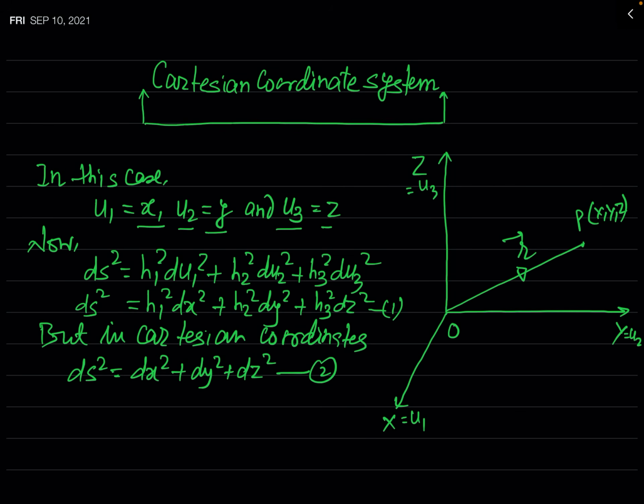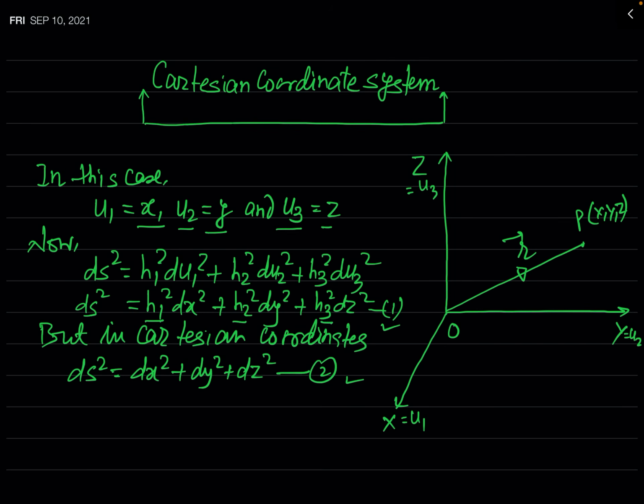In this condition, if you compare equation 1 and 2, then you will find that if these two equations are equal, then definitely the coefficients of dx square, dy square and dz square in equation 1 and 2 must be the same. Therefore, h1 square will be equal to 1, h2 square will also be 1 and h3 square will also be 1.